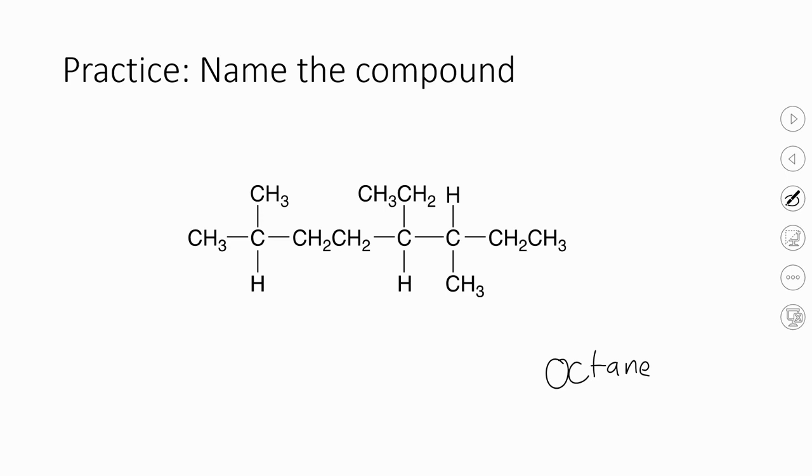Good. So this one is our first. So we go 1, 2, 3, 4, 5, 6, 7, 8. All right, and then we have some substituents. One substituent here, here's one, and here's one.